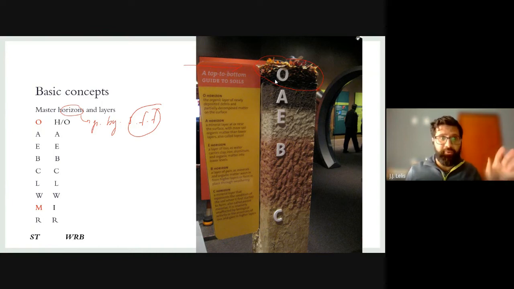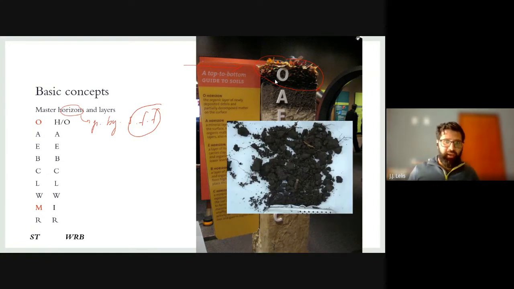They produce layers. They didn't produce horizons. An easy way to distinguish in the field a horizon from a layer is that all horizons have aggregates.